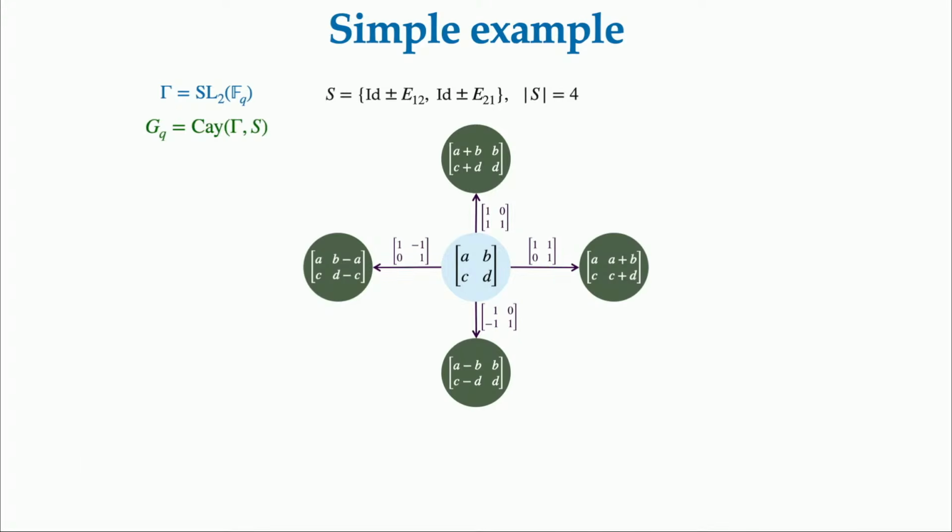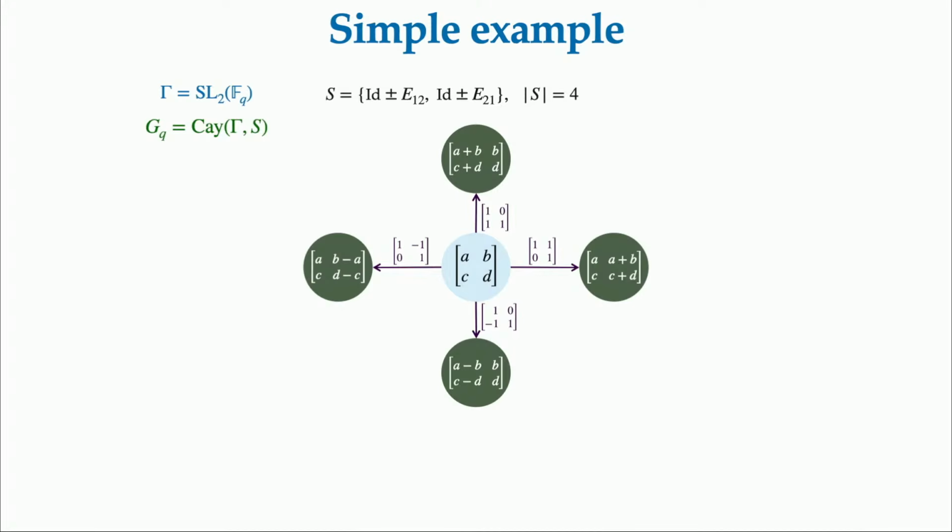So in this case, multiplication by these matrices has a fairly intuitive explanation. It's basically a column operation where you take a single column and then you add or subtract it to another column. So this preserves determinants, so you're actually staying in the group. Okay, so if you have A, B, C, D, then those are going to be your 4 neighbors.